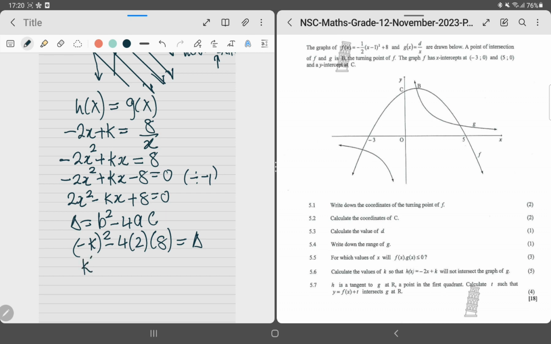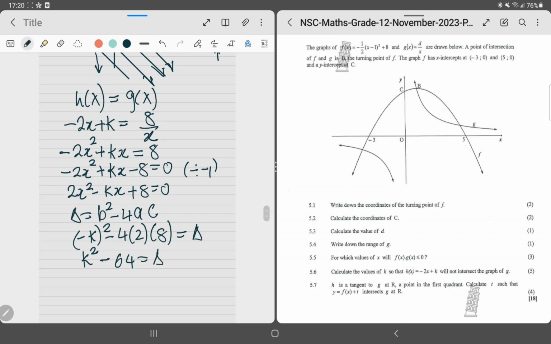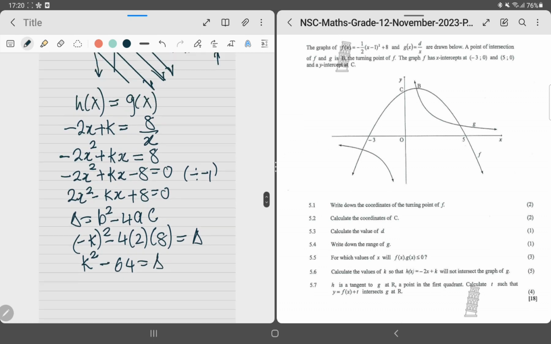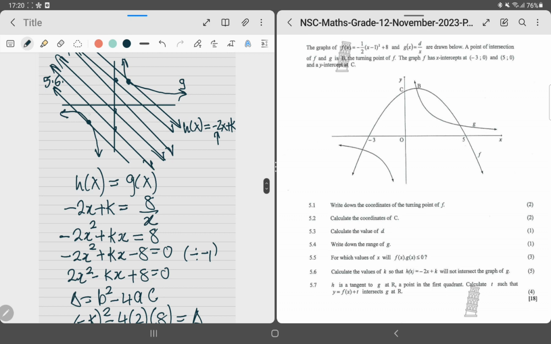So this is k squared minus 4 times 2 times 8, so that's 64. Okay, so we know that the value of k should lie between this point and that point there. So k can be anywhere between these 2 points.